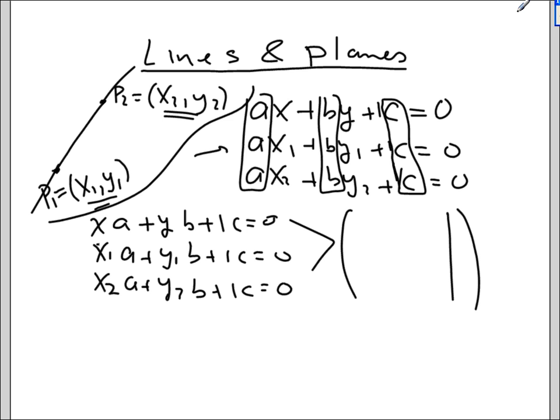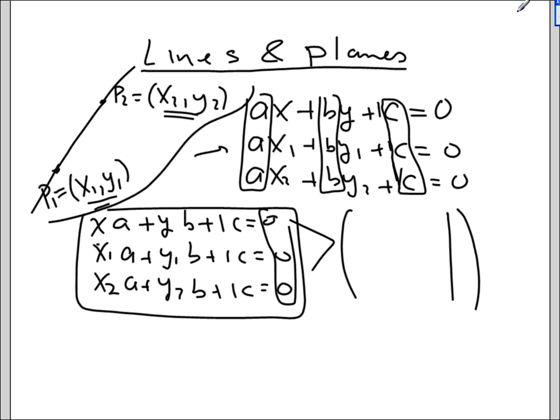And this transfers into this system of equations. It's a homogeneous system of equations because all their equations equal 0. Now, please remember, if you have 3a plus 4y plus 7z minus the number 2 equals 0, in this form, this is not homogeneous.